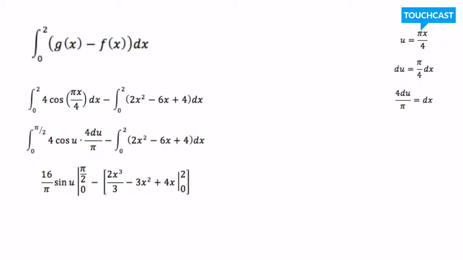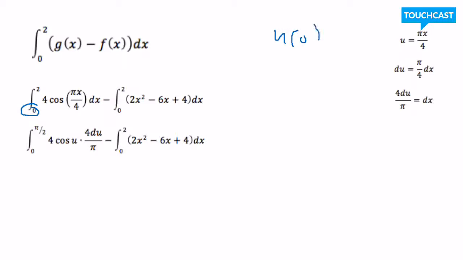Let's see. There we go. So my next step, notice I have updated my limits. If u is pi x over 4, I'm going to plug in my original lower limit, which was 0. I'm going to plug 0 into my little u function. u of 0 is going to be pi times 0 over 4, which is just 0.